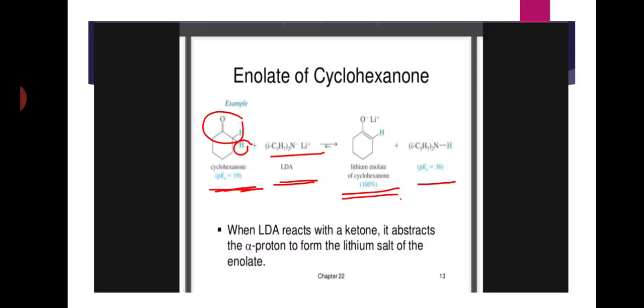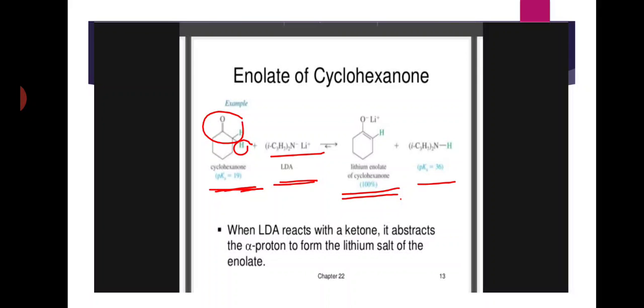Enolate of cyclohexanone. Here, cyclohexanone reacts with LDA, lithium diisopropylamide, and forms the lithium enolate of cyclohexanone. This is formed at 100%, meaning more yield.